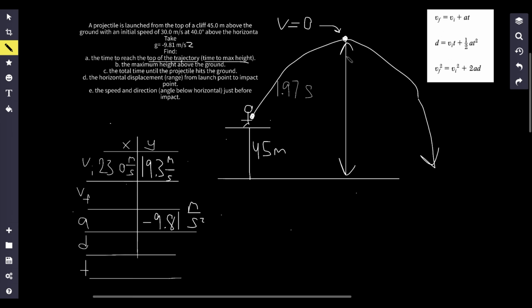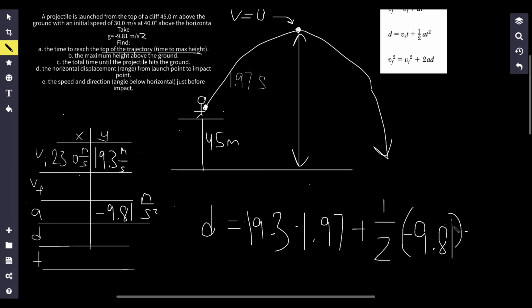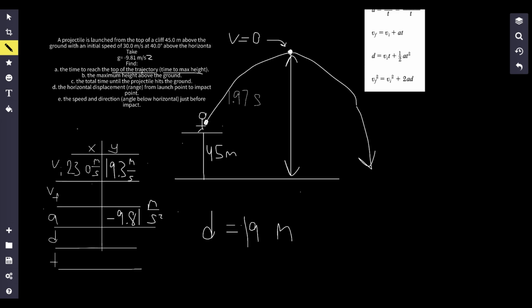We want the displacement, the maximum height. So my displacement is equal to my initial velocity, which I said was 19.3, multiplied by the time, which is 1.97, plus 1/2 multiplied by my acceleration, multiplied by my time squared, so 1.97 squared. I just have to solve for this displacement. And doing all those calculations, I got that my displacement is 19 meters.